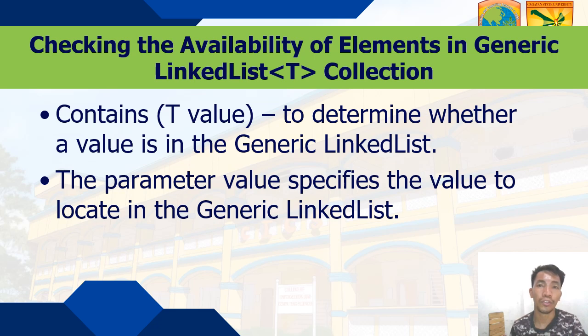This method is used to determine whether a value is in the generic linked list. Here, the parameter value specifies the value to locate in the generic linked list. The value can be null for reference types, and it returns true if the value is found in the generic linked list. Otherwise, it returns false.